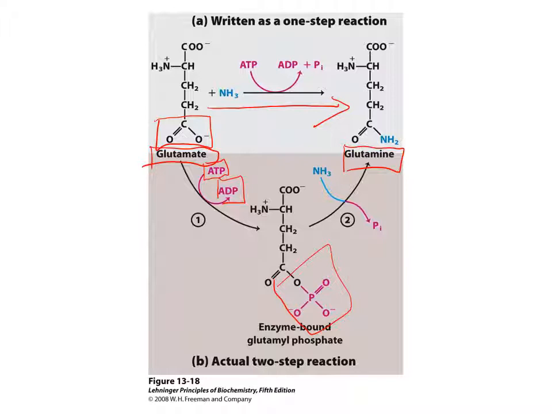So only after this intermediate high energy molecule do we have the ammonia coming in and creating a chemical bond with the ester to form a glutamine, which is the step in which the inorganic phosphate is again liberated. And of course, in the end, we do get ADP, which is right here, and the phosphate right there.